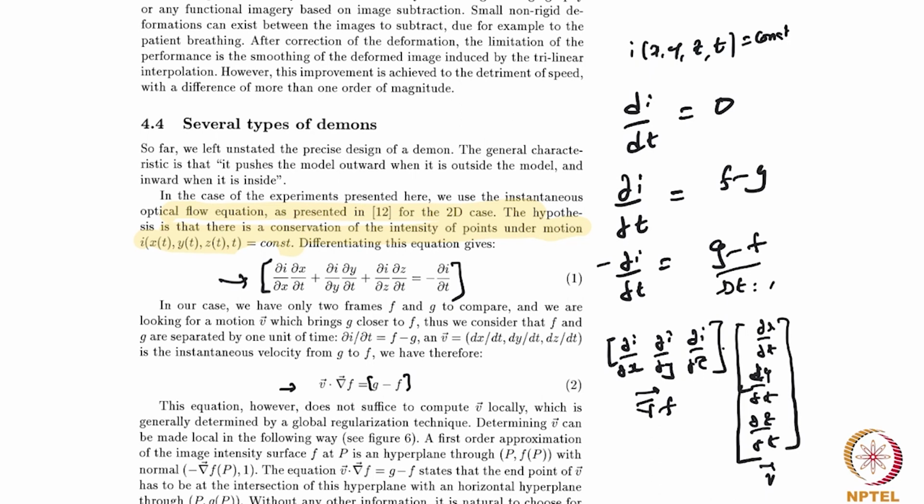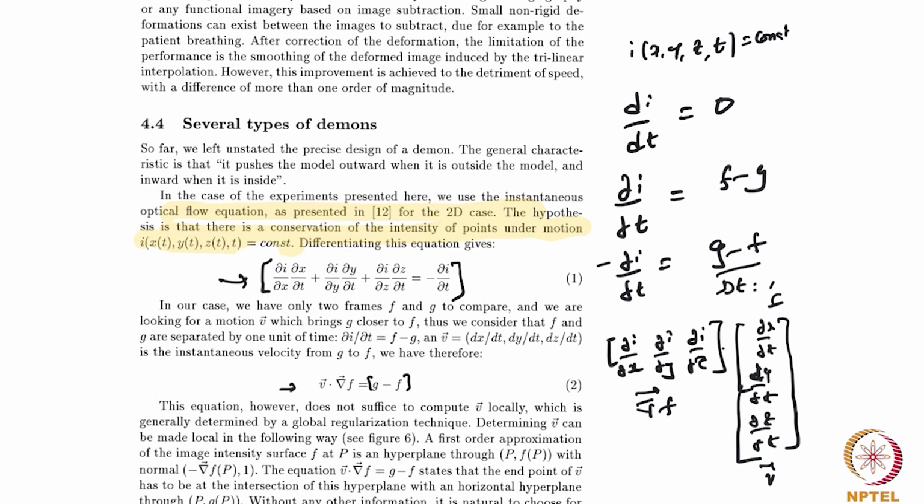So V is basically dx by dt. That's what we see here. And we can always replace V with the displacement vector. So this V is what we are trying to estimate, and the number of equations is not enough.